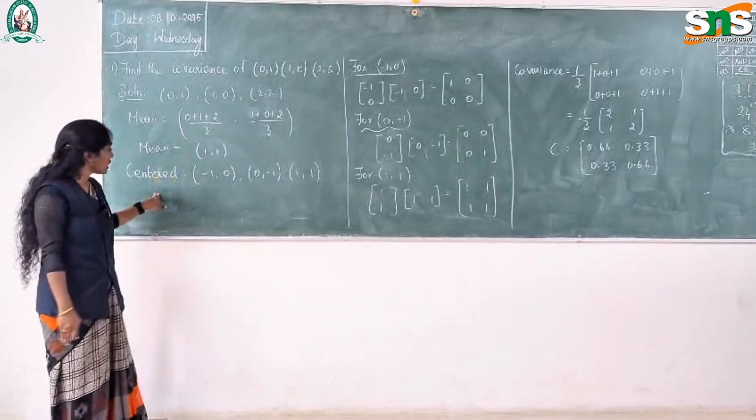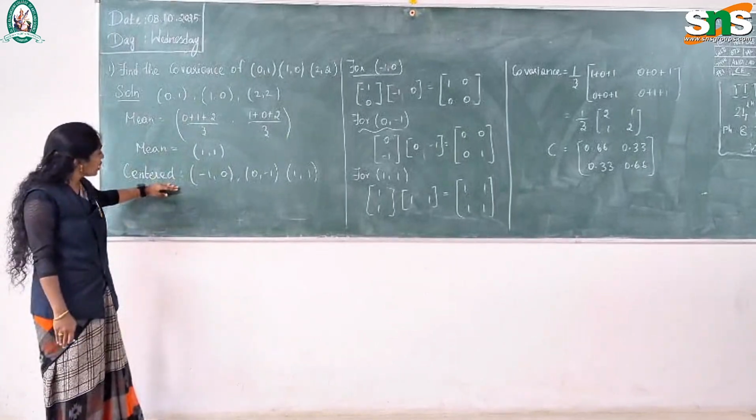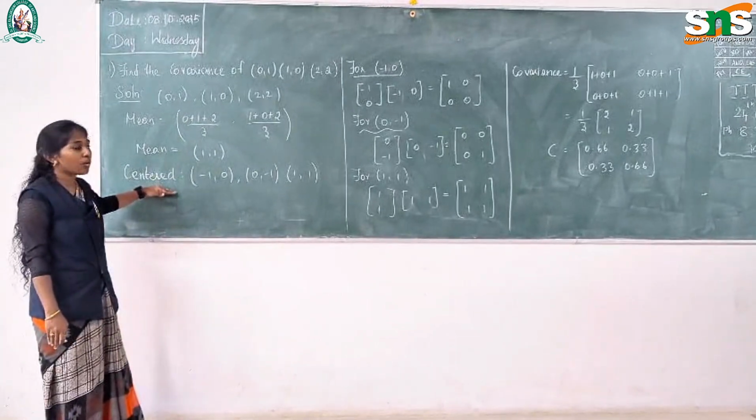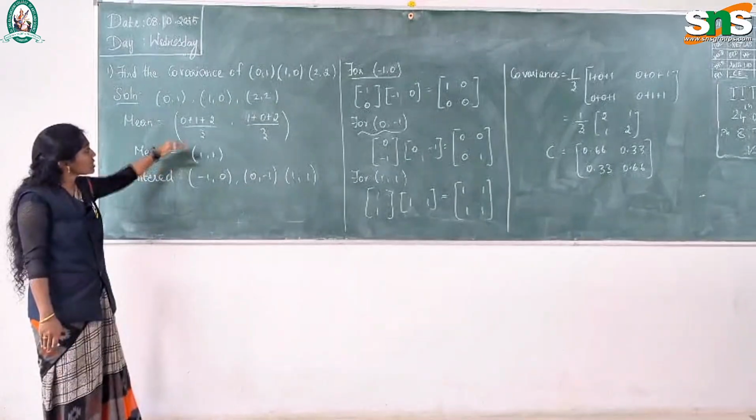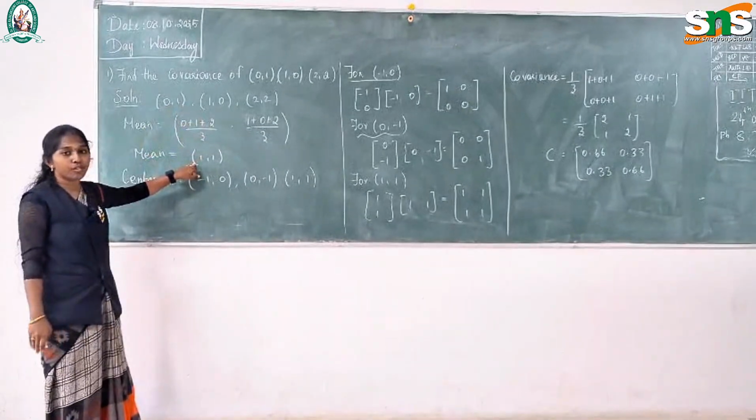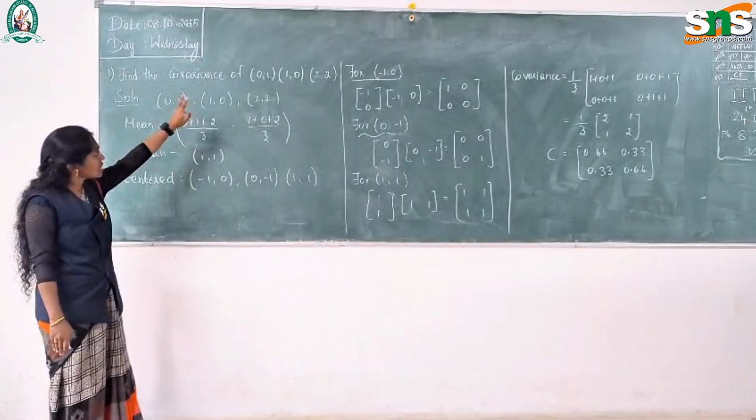Next we are going to find the centered values. To get the centered value, we subtract the mean from each of the 3 data points. The first data point is 0, 1.